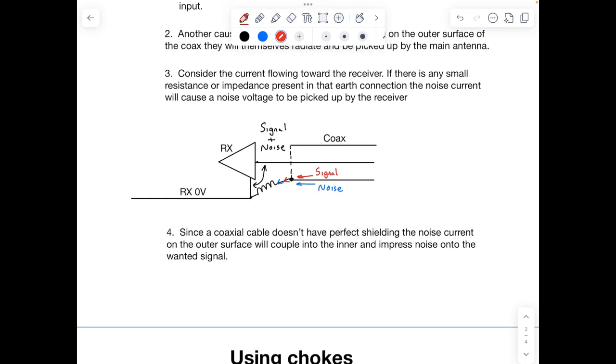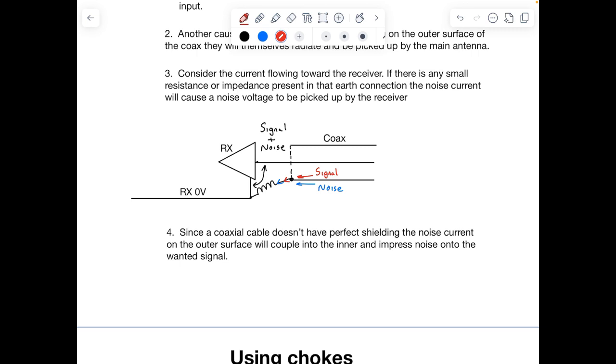So the wanted signal on the inner surface now combines with the noise on the outer surface of the coax. They get mixed together in some common impedance that I've drawn as a small inductor which links the coax to the receiver 0 volts. Now, in theory, you wouldn't want any inductance at all.